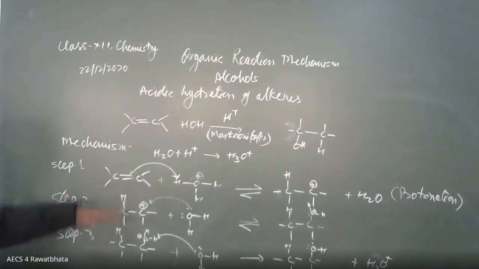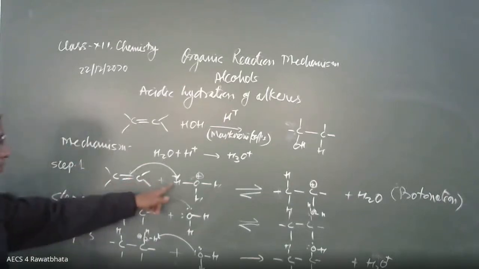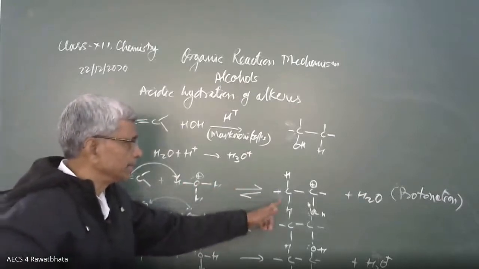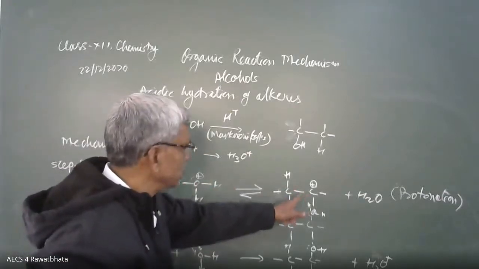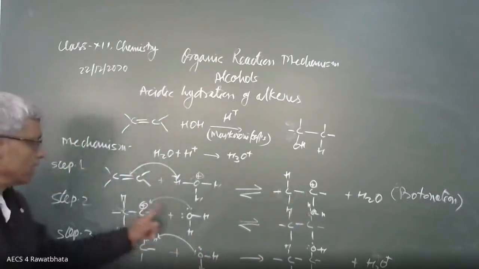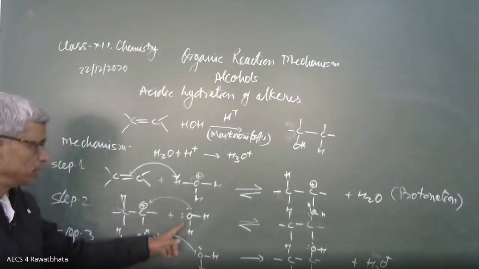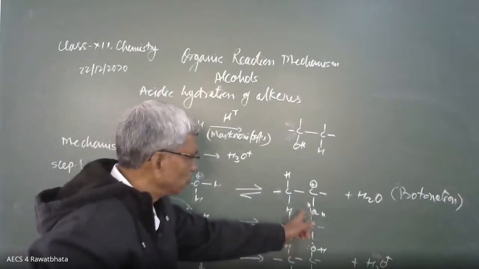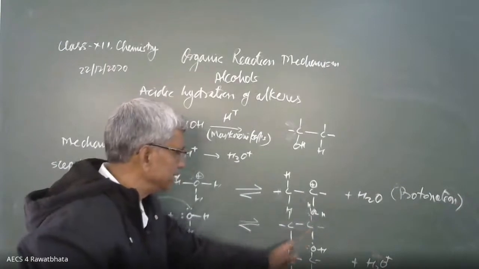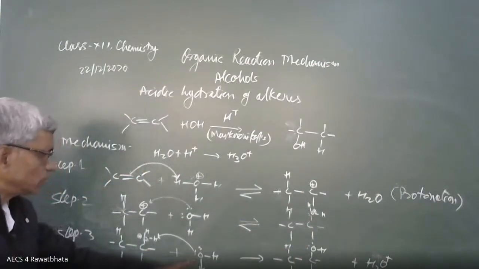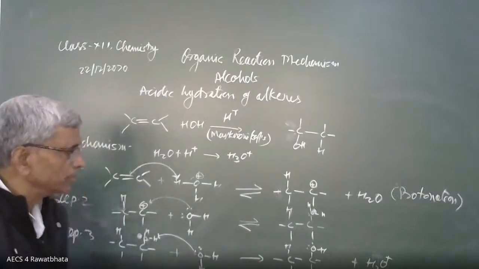We get alcohol through these three steps. Alkene combines with H3O to form a carbocation, where proton is joining to this alkene. This carbocation is attacked by a water molecule to form this type of intermediate. Finally it is going to combine with H2O again to form alcohol and hydronium ion.